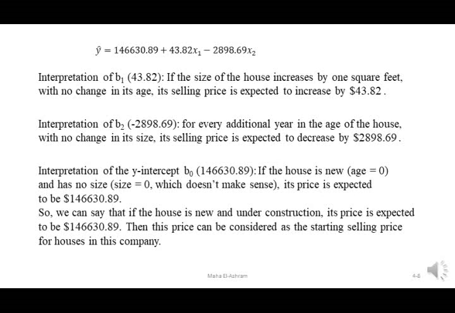Let's move to interpreting the slope of x2, which is negative 2,898.69. In this case we have a negative value, so this shows a decrease. So we can say that for every additional year in the age of the house, with no change in its size, the selling price of the house is expected to decrease by $2,898.69.